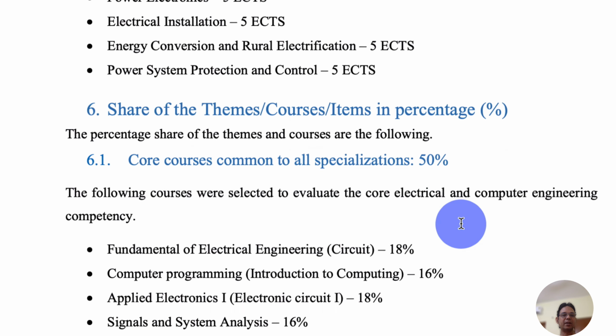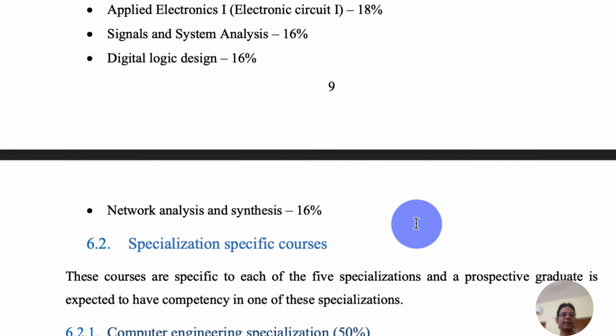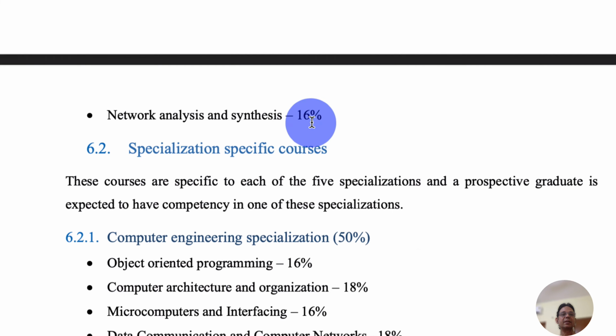Other than the 50%, a separate percentage is given here. In this blueprint document, we can see electrical engineering 18%, computer programming 16%, applied electronics 18%, signals and system analysis 16%, digital logic design 16%, and network analysis 16%.